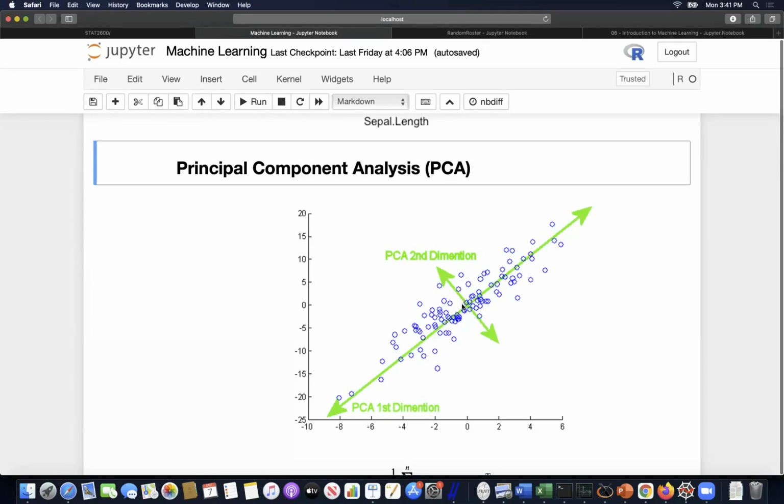Maybe your data is three-dimensional, and then you're gonna come up with another dimension that's pointing out of our screen now, and that one is less important. So we are sorting our coordinate system according to their importance. And the measure of importance is the amount of variance in the data that each axis is explaining. Okay, so this axis is explaining most of the variance. This is the second most, etc.